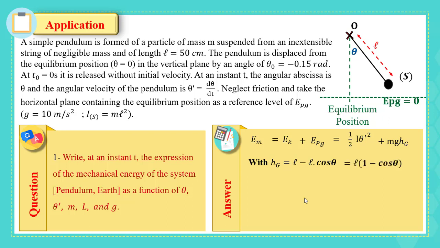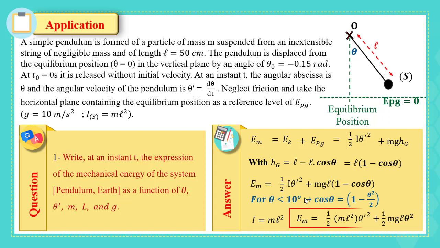We can replace it in the mechanical energy as half I theta prime squared plus mgL into 1 minus cosine theta. But you should know and you should study that for theta very small and less than 10 degrees, cosine theta can be written as 1 minus theta squared over 2. And we can replace I by its expression ml squared for a particle.